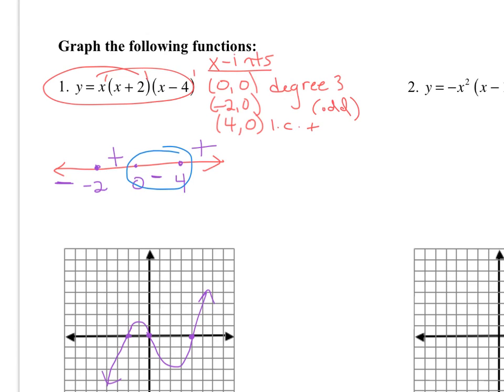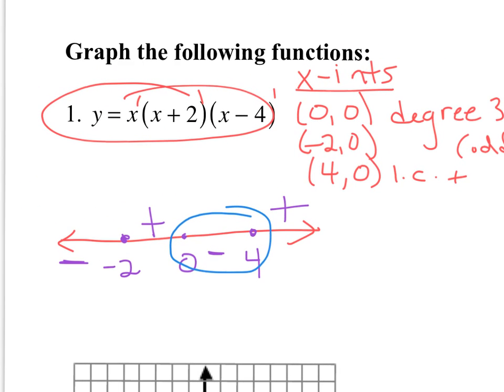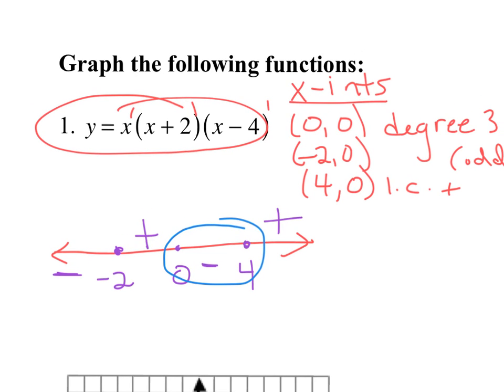So let's say I choose an x value of 2, because 2 is between 0 and 4. I'm going to plug 2 in for all of these x's, and I'm going to see if I get a positive number or a negative number. You really don't even care what number it is at this point.